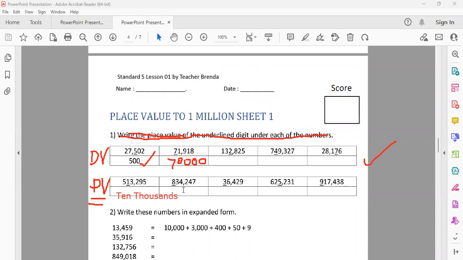Similarly, for 8, for the second question, it would be 100,000. That would be your answer for the second question. And so on. So complete this. The upper table answer in digit value, the lower table answer in place value.